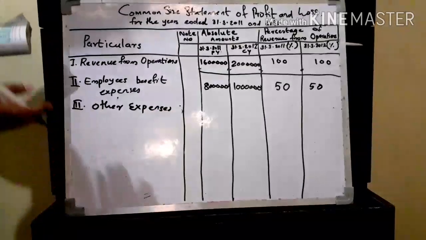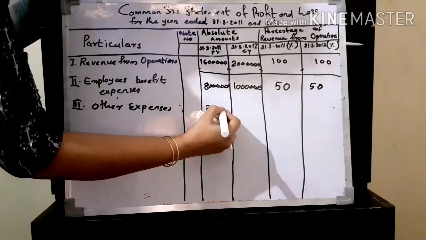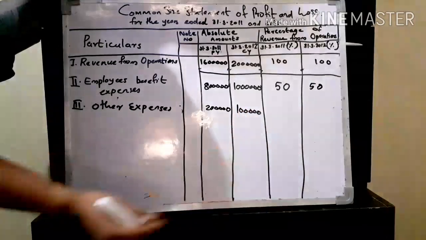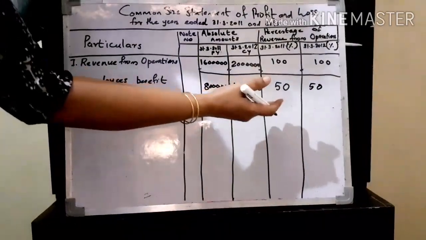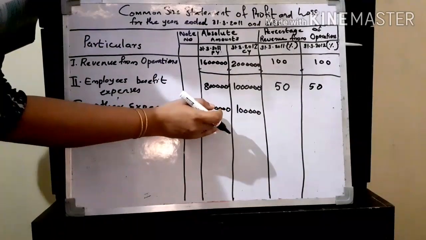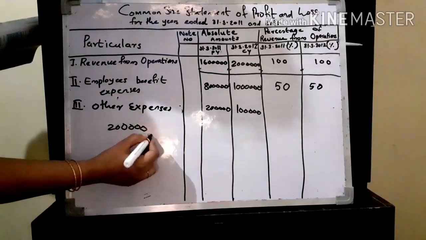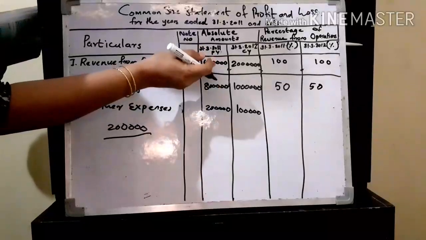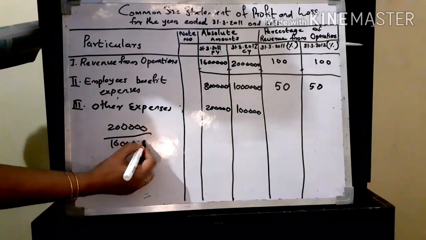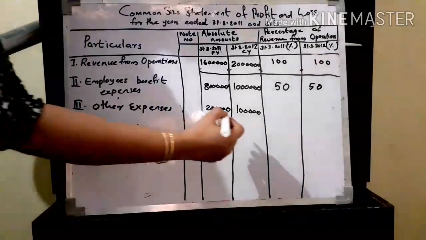In other expenses, the previous year amount is 2 lakhs and the current year amount is 1 lakh. How do we calculate the percentage of revenue from operations? Same step: 2 lakhs divided by that year's revenue from operations, base 16 lakhs, into 100, that is 12.5.